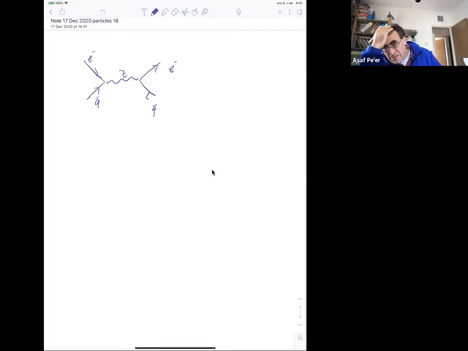Some people have said that this is possible, and I was really disappointed because there are very many reasons why this is impossible. I think the common mistake was that people thought it's enough that the total quantities are conserved.